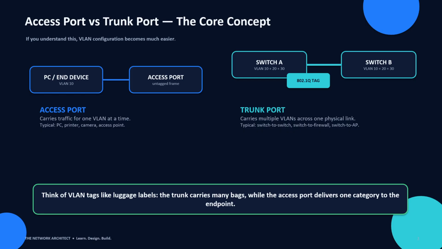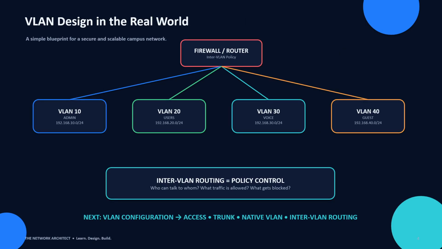Anything connected with a trunk port will carry multiple VLANs. That you have to remember. So access port, one VLAN; trunk port, multiple VLANs. If you understand this difference, you have understood the most important building blocks of VLAN networking.